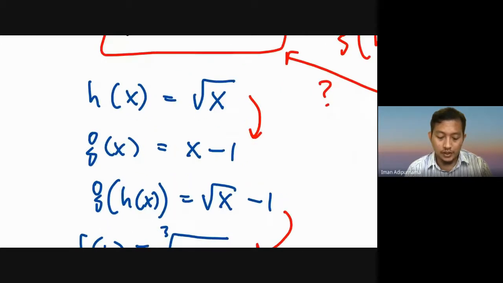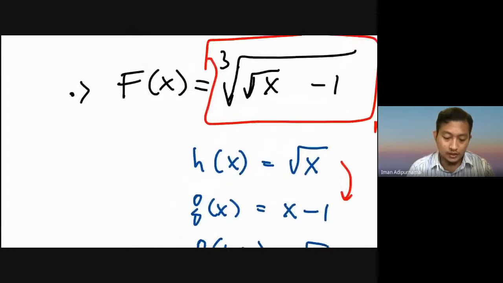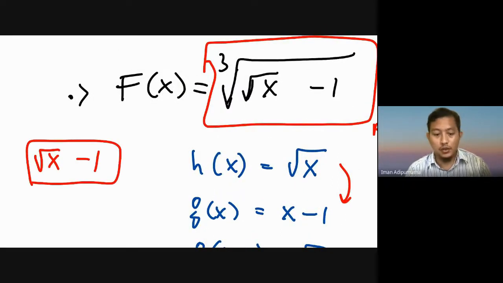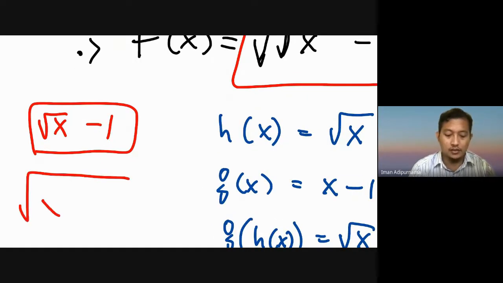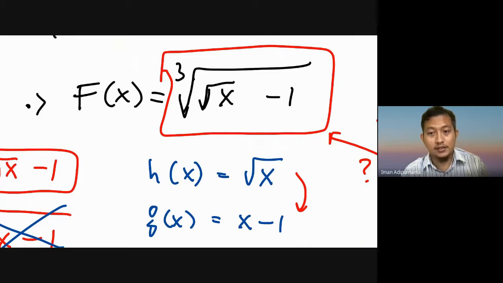So if you look here, first we want to make this. We don't want to make this. Do you get my idea? Because we want to make the square root of x and then minus 1, not the whole square root of x minus 1.